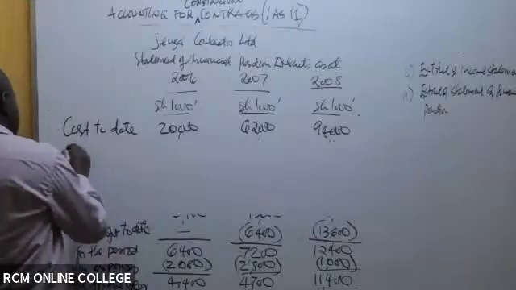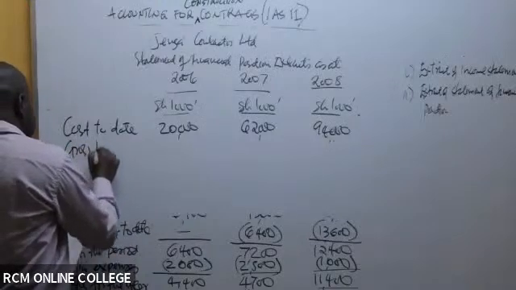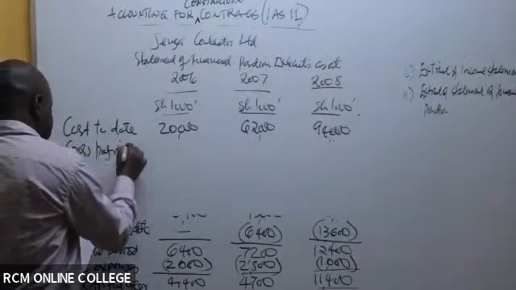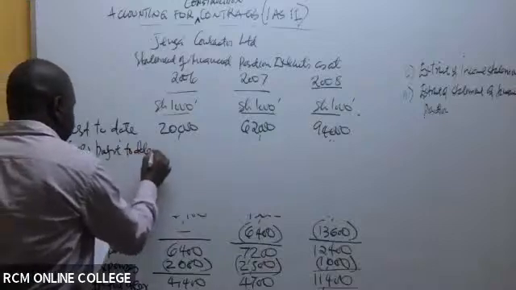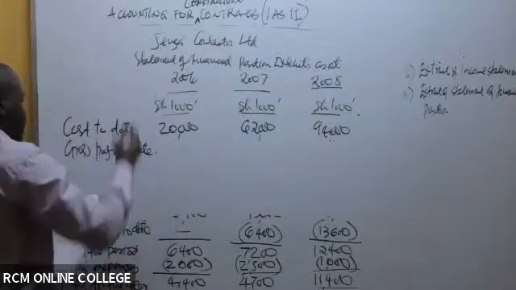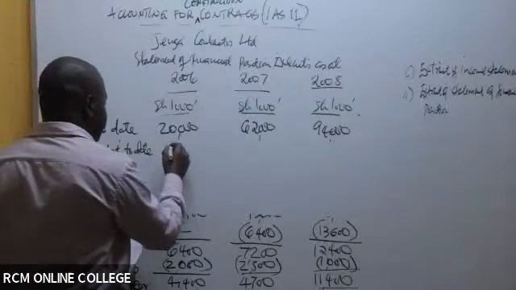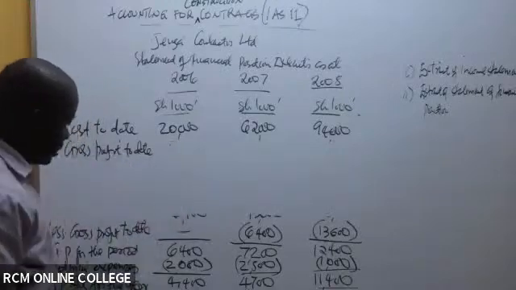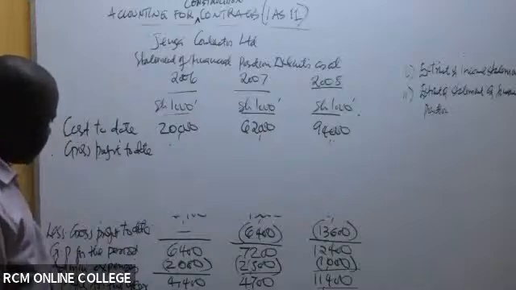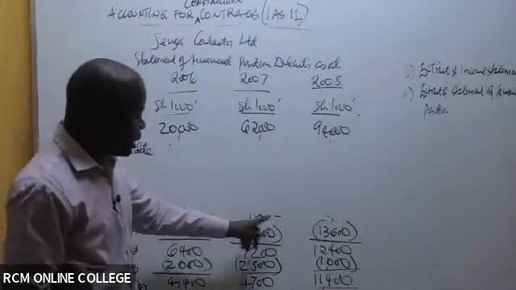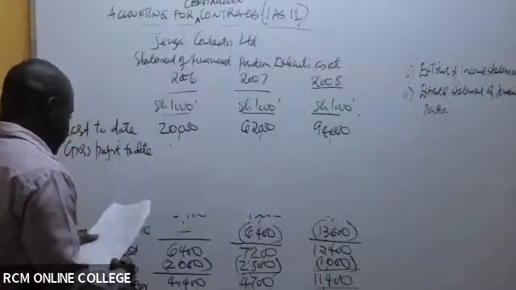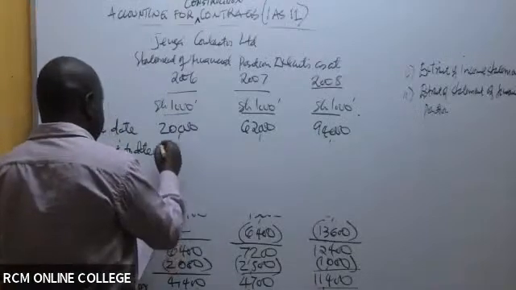Then you add the gross profit to debt. Hii pia umedetermine in the P&L, in the income statement hapo juu. So the gross profit to debt yenye come up in the, it is here. In the first year, it was actually 6.4 million.